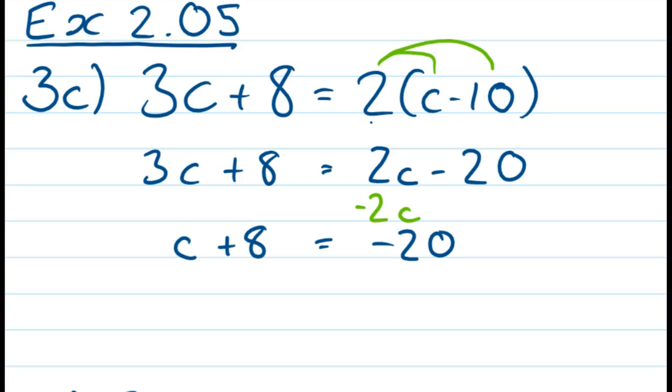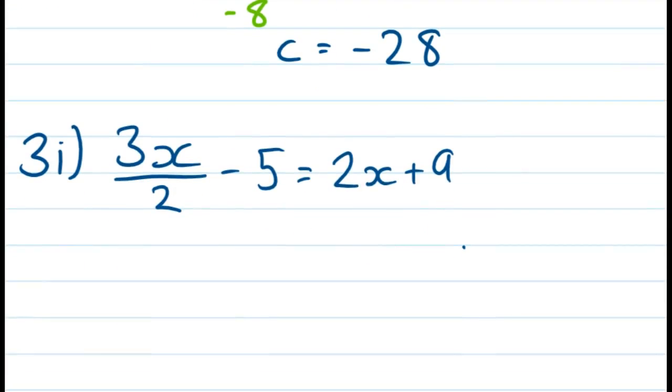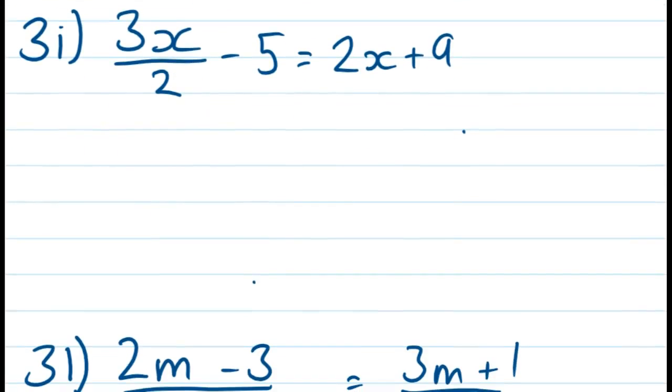Okay, and this is just the same without the 2c because that cancels. Then I take away 8, and I'm left with c equals minus 28. The 8 cancels from that side. I end up with minus 20 minus the next 8 on the other. Okay? And that's that question done.